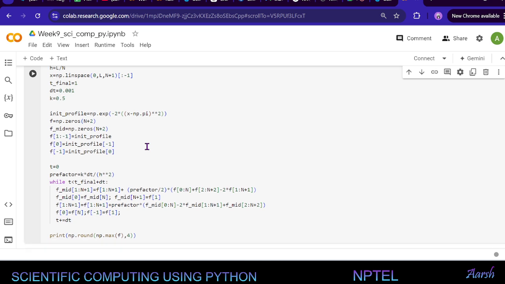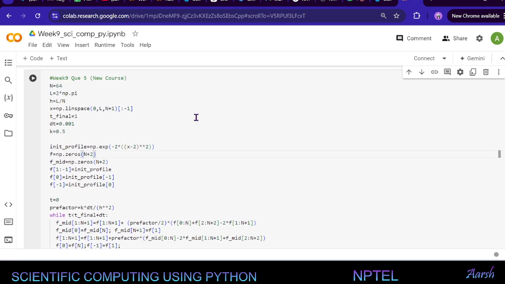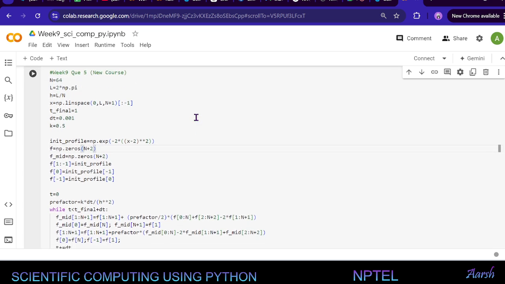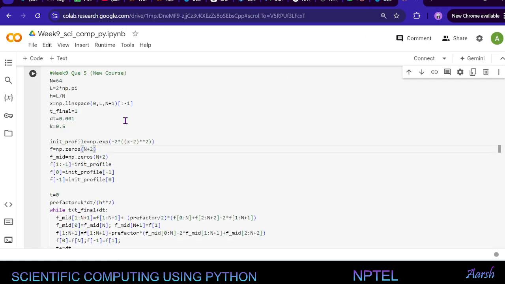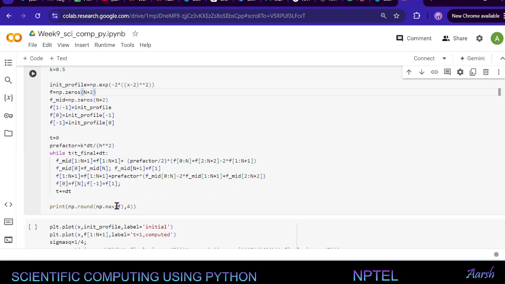Kappa is 0.5 and this is x minus 2, although I don't think it will change anything. And the box is still 0 to 2 pi, right? Let me just confirm. Box is 0 to 2 pi. And this gives the maximum value of f.